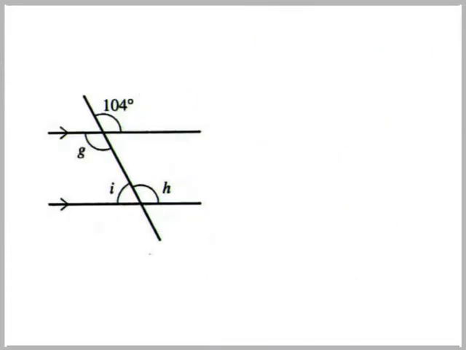Let's have a look at another example using a slightly different rule this time. So here I know that G straight away must be the same as this angle here. The reason I know that is because vertically opposite angles are equal, and you need to make sure that you're clear on the reasons.